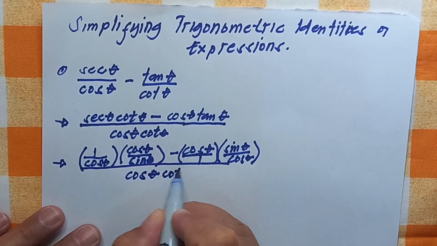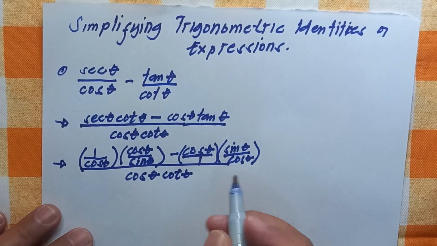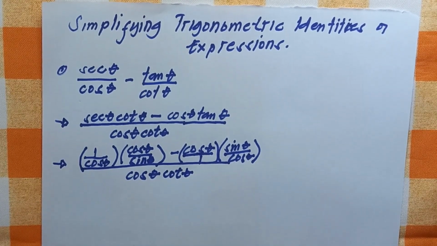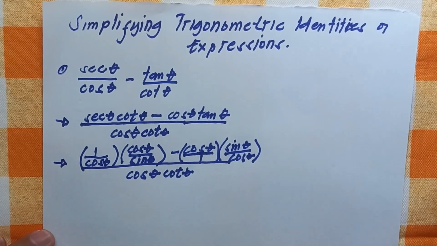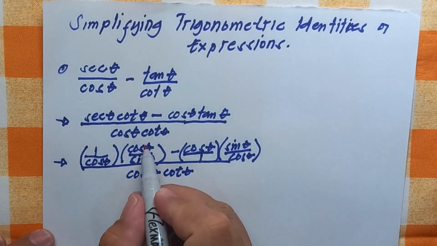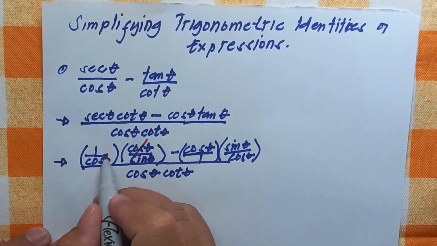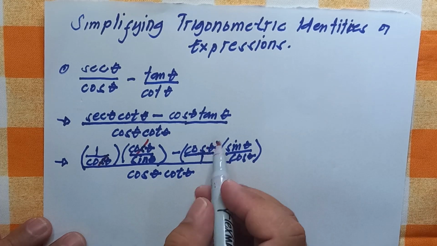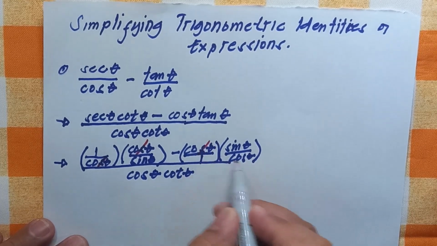Cotangent theta. Now notice that when we are going to consider the expression, there are some terms that will cancel out. So notice that the cosine in here will cancel out. Another one will also cancel out.